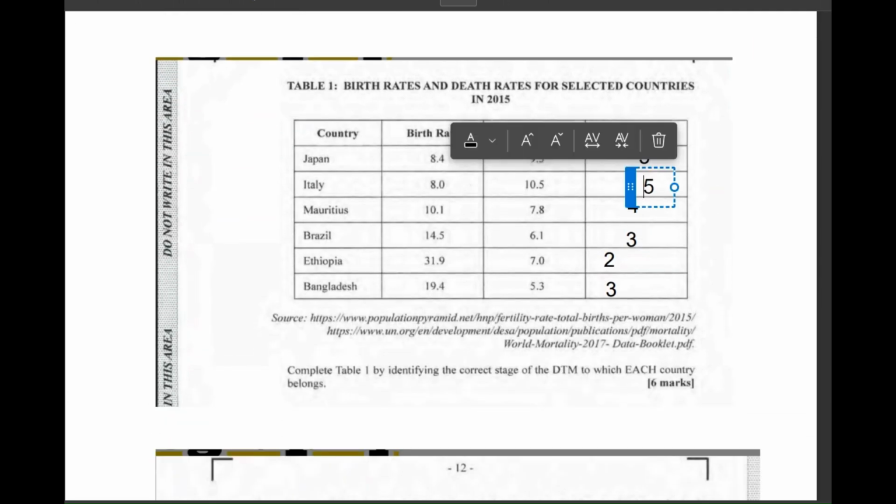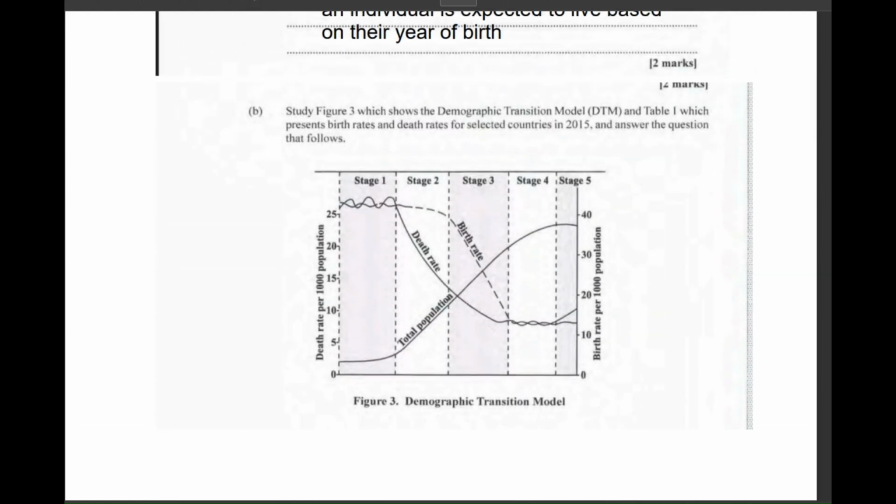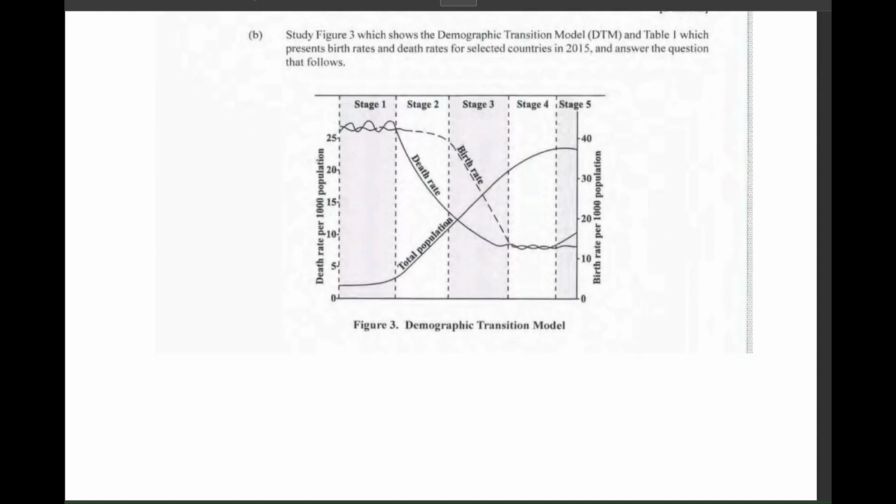Part B to the question gives you a figure which shows the demographic transition model, and it also gives you a table. We are to look at the demographic transition model to fill out the information in the table. So this is what is on the demographic transition model, where you have the different stages, the birth rate per population, and the death rate.